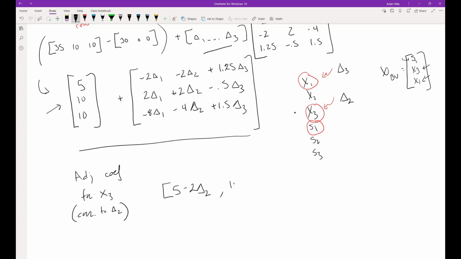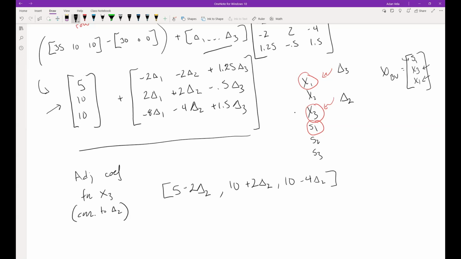The other equation is 10 plus 2 delta 2. And the last equation is 10 minus 4 delta 2. Okay, so this ends up being the row 0 coefficients if we wiggle delta 2, right? So the coefficient corresponding to X3.